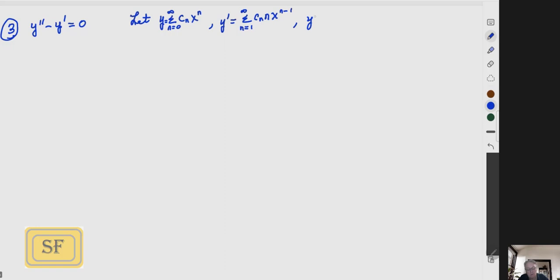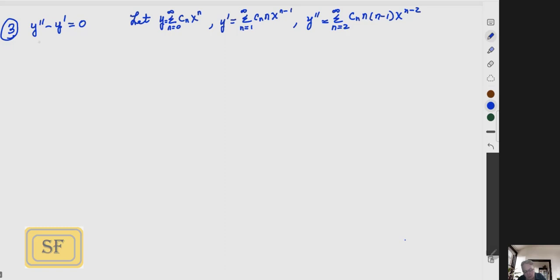And I'll substitute in for y double prime the sum as n goes from 2 to infinity, c sub n times n minus 1, x to the n minus 2. So we're going to substitute these into the equation, and then we'll work to combine all the summations to a single term, just like we did in question number 2.